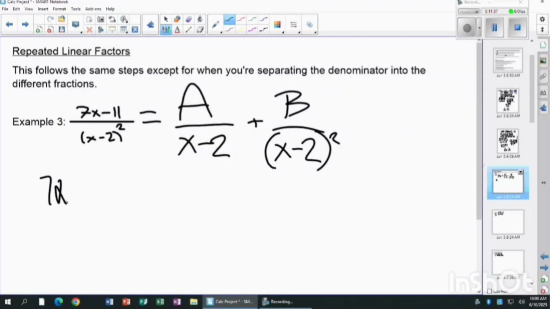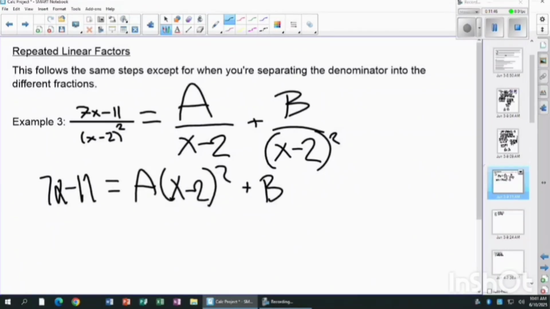So on the left, I'd have 7x minus 11 equals a times x minus 2, because it has an x minus 2 here, so only one of them cancels. And then it's just b, because the x minus 2 squared cancels.